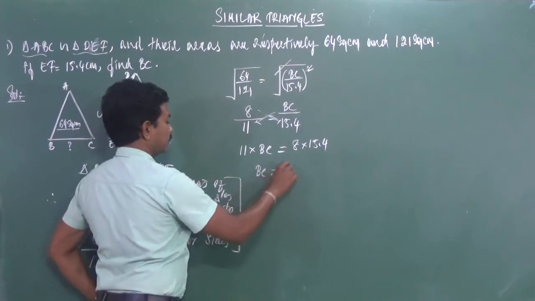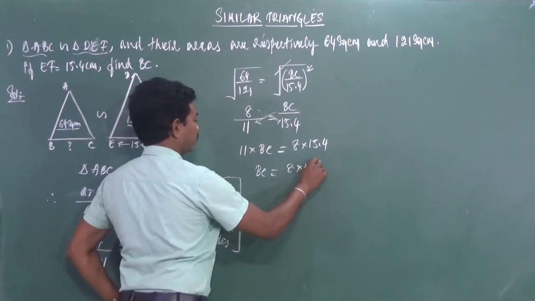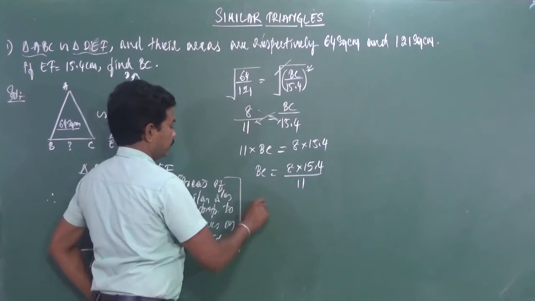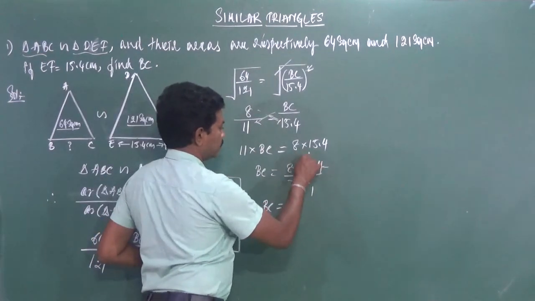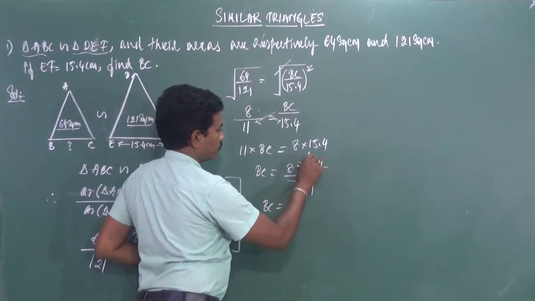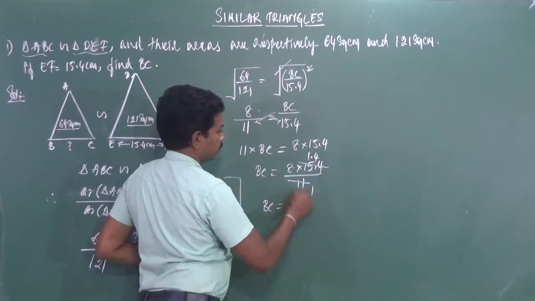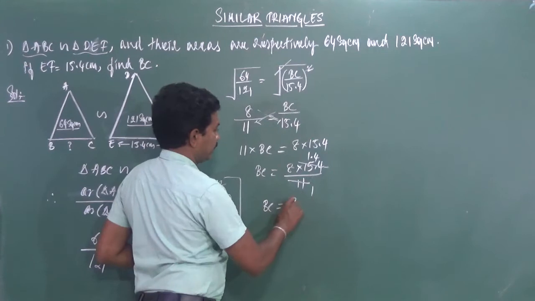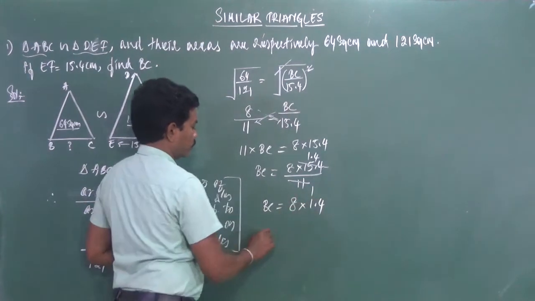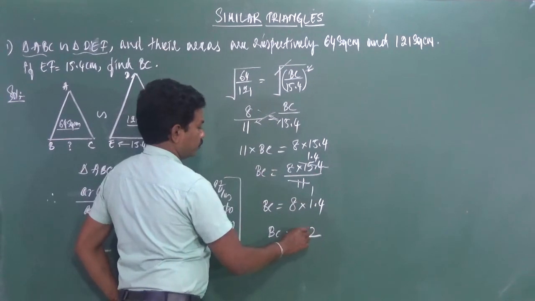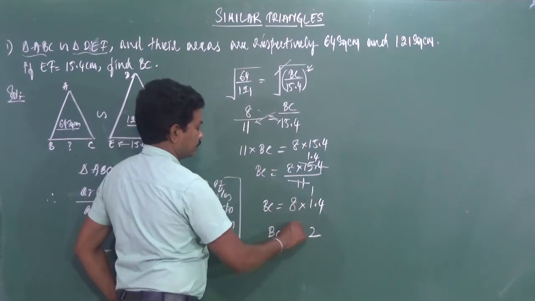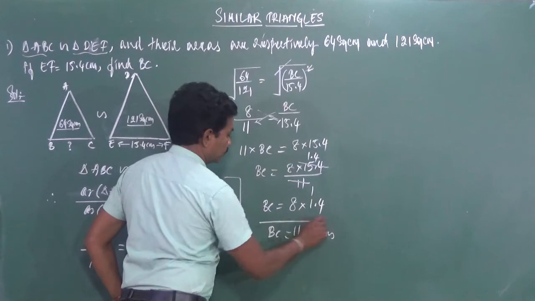So BC is equal to 8 into 15.4 divided by 11. 11 ones are 11, 15.4 divided by 11 gives 1.4. So BC is equal to 8 into 1.4, 8 fours are 32, 8 ones are 8, 9, 10, 11. So that is 11.2 centimeters.